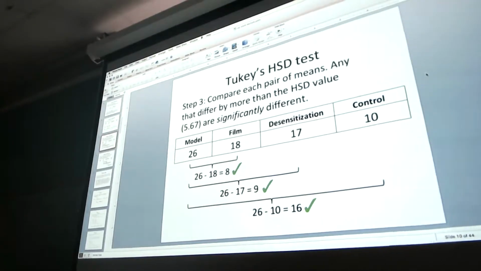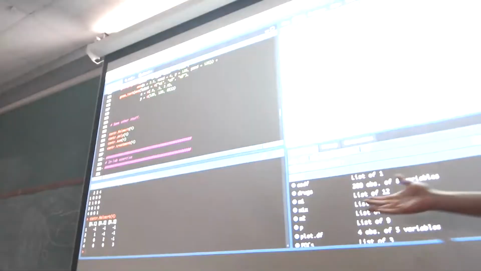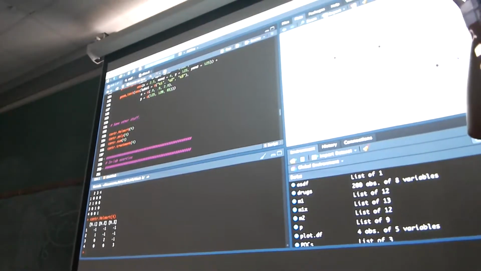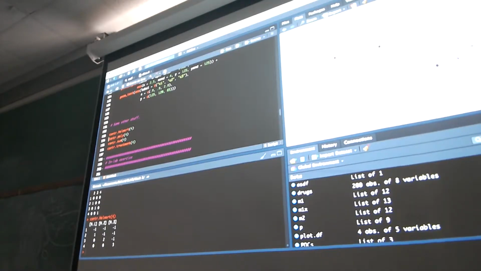Conceptually, that same idea applies to Helmert coding: if you're able to look at a group and say this is significantly higher than all the ones below it, and then you go down to the next level and say this is significantly higher than these down here, you already know those implicit comparisons have been made logically if things continue in that pattern, if that makes sense.